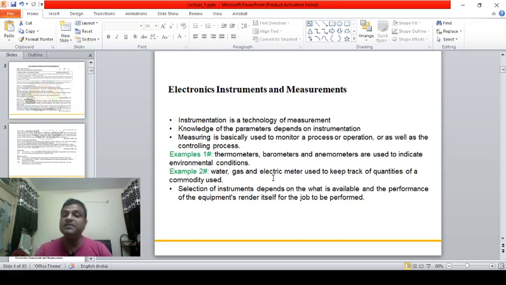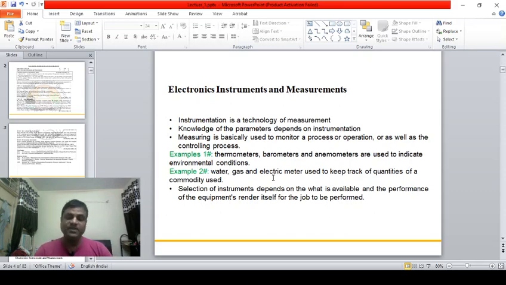It actually measures the variation of the temperature, and we know the standard value of the temperature. After that we call it a fever. So when we use a thermometer to measure our body temperature, after the measured data we are able to conclude whether this particular person is suffering from fever or not.